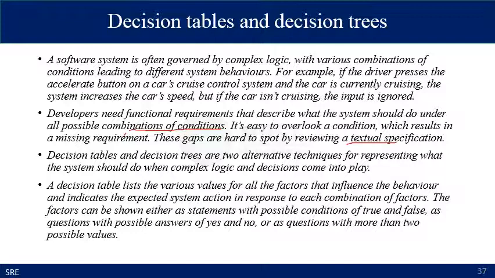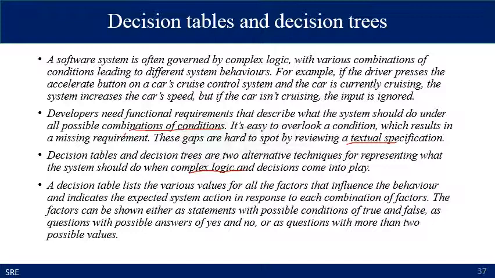Therefore, decision tables and decision trees are two alternative techniques for representing what the system should do when complex logic and decisions come into play. So a decision table lists the various values for all the factors that influence the behavior and indicates the expected system action in response to each combination of factors.